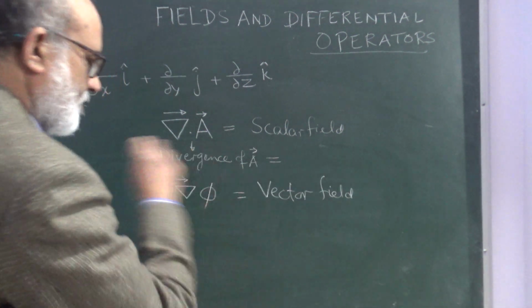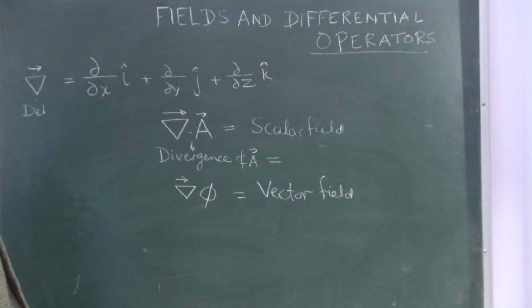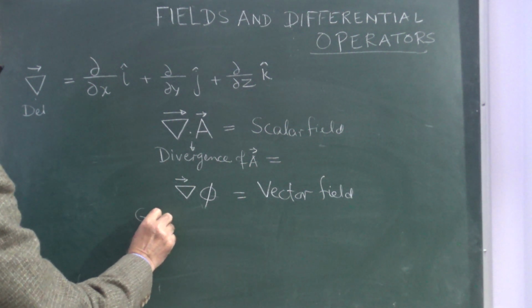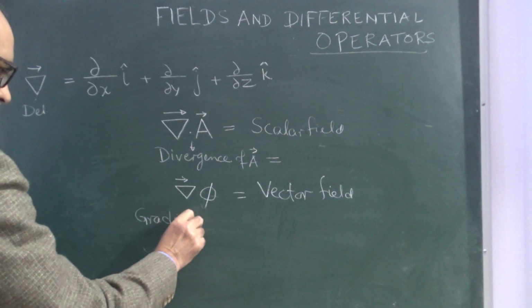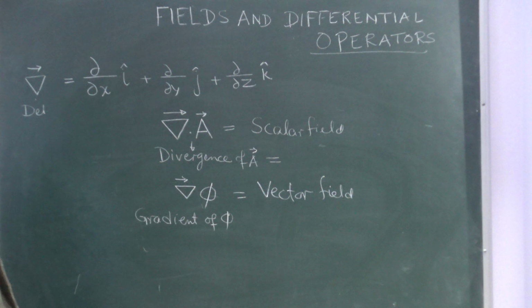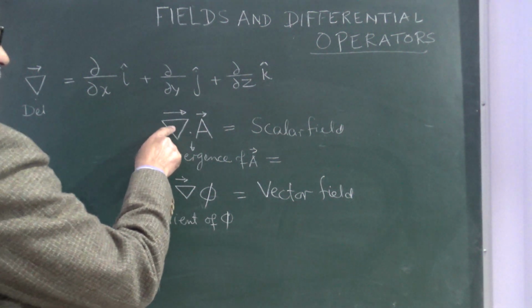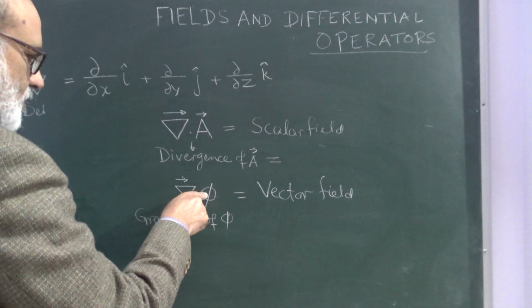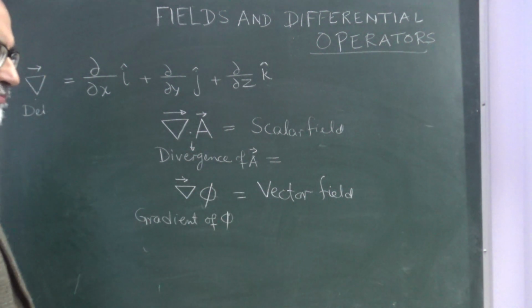Yes, vector field. This is called gradient of field phi. When we operate on a vector field, we get a scalar field. When we operate on a scalar field, we get a vector field.